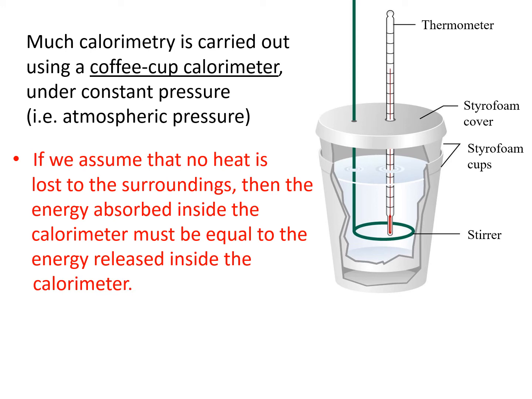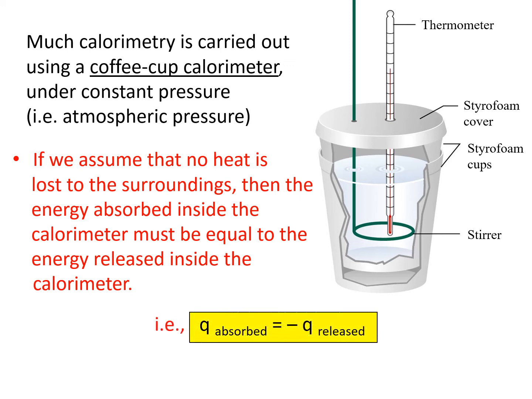We're assuming that no heat can be lost. So Q absorbed is going to be the Q released. So the heat absorbed in the water is going to be equal to the heat that was released. So these are called heat exchange problems. So Q of X is going to equal negative Q of Y.